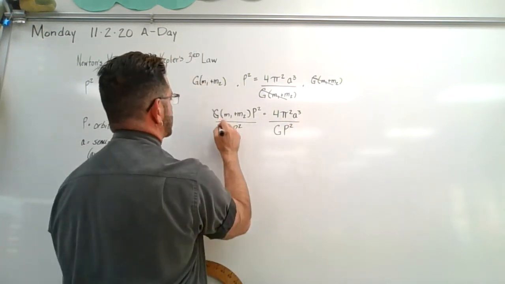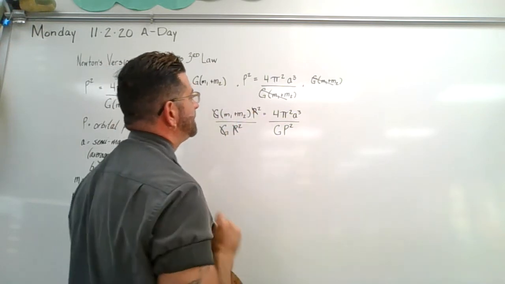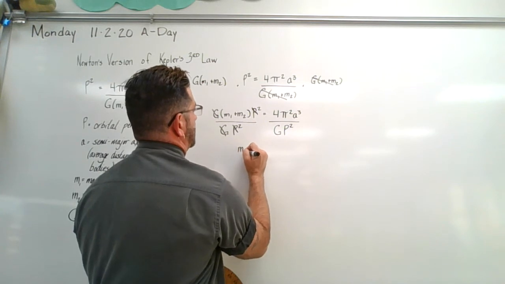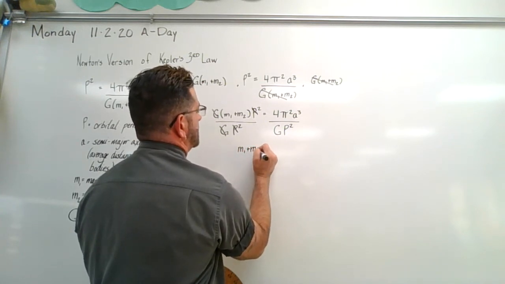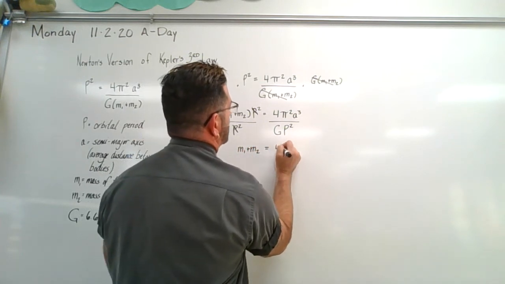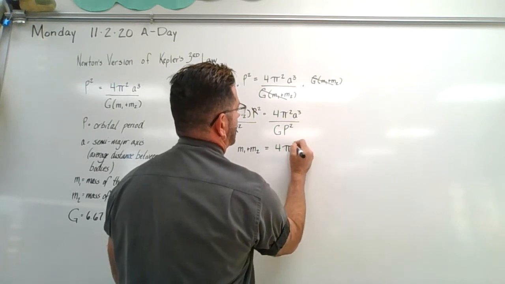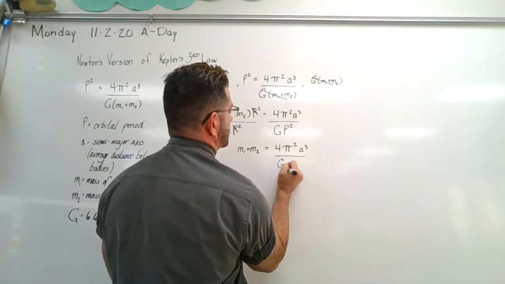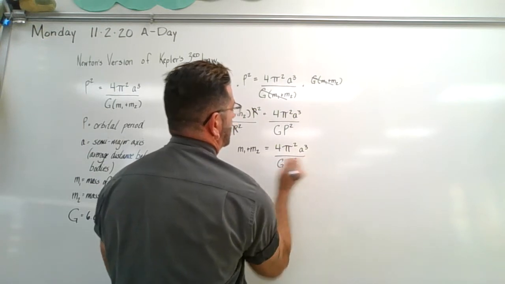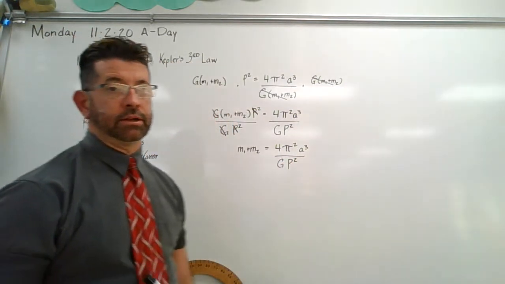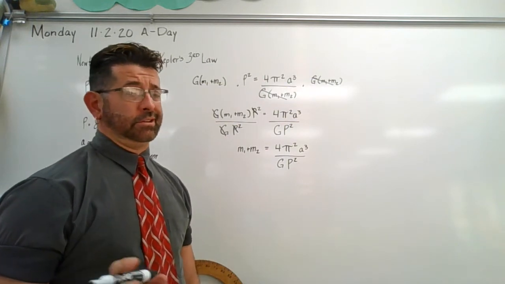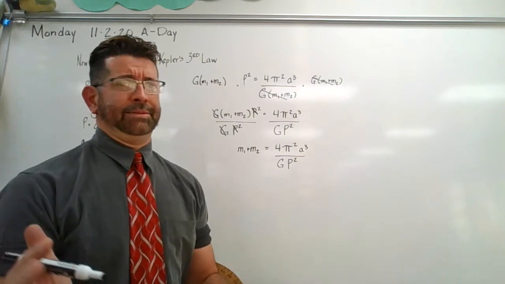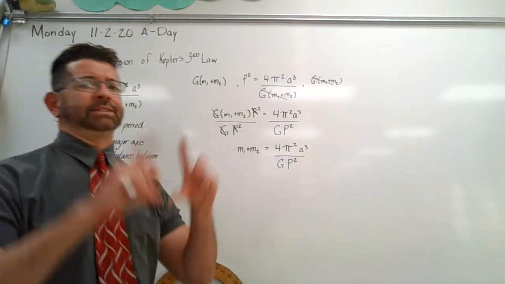So over here, G cancels G and P squared cancels P squared. So we end up with M1 plus M2 is equal to 4 pi squared a cubed divided by G P squared. Now, I know that looks complicated, but it's just letters. I mean, yeah, there's a Greek letter and one number, but it's not that really. You just keep rearranging it.